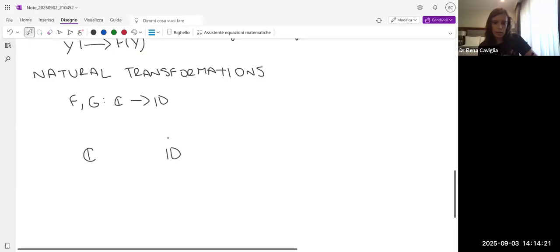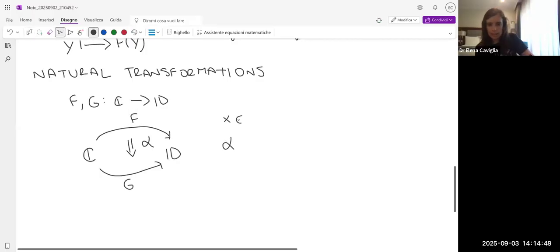We have C and D, and we have two different ways of going from C to D, and these are F and G. Now we can define a natural transformation alpha, and this natural transformation alpha from F to G is a family of morphisms indexed by C. So for every object X in C, we have a morphism alpha X between F of X and G of X.